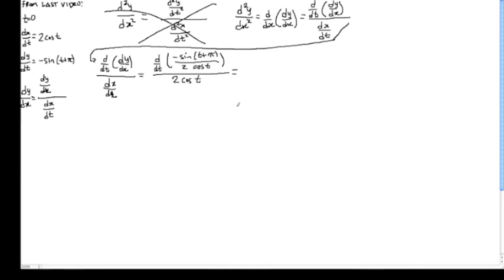You heard me sigh because this is a quotient, and if we want to take the derivative of a quotient, we have to use the quotient rule. So what is the quotient rule?